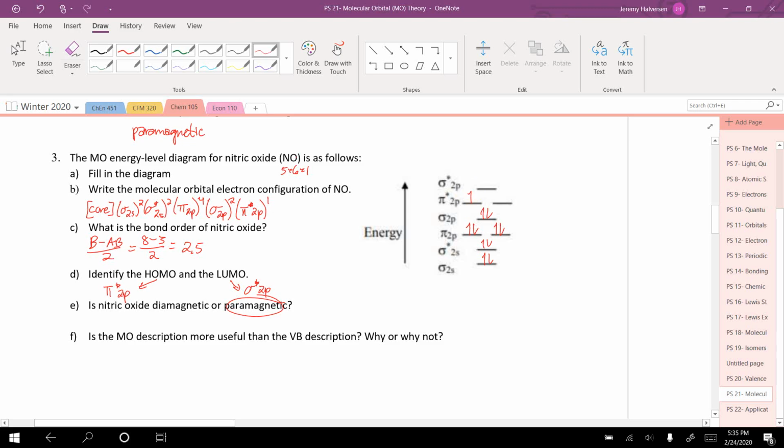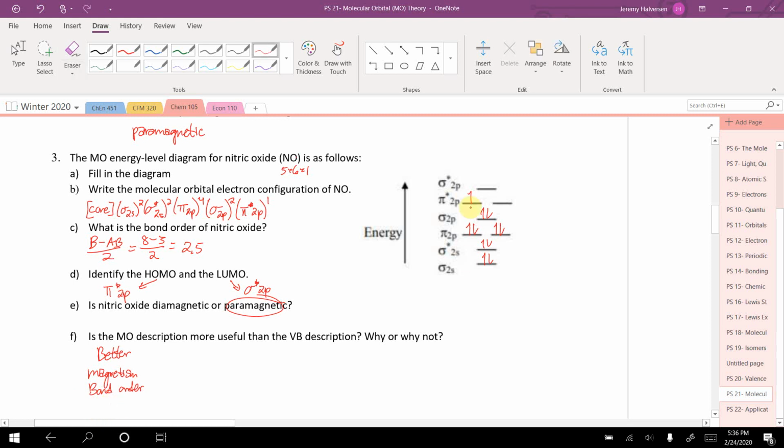Is the MO description more useful than the valence bond description? More useful is kind of an interesting question. What is it more useful for? Well, it's better for magnetism, right? It's actually better for bond order, and it shows us the energy levels.